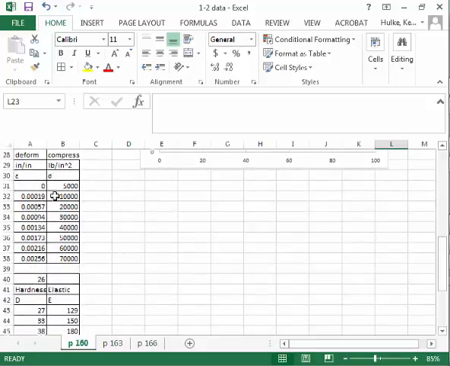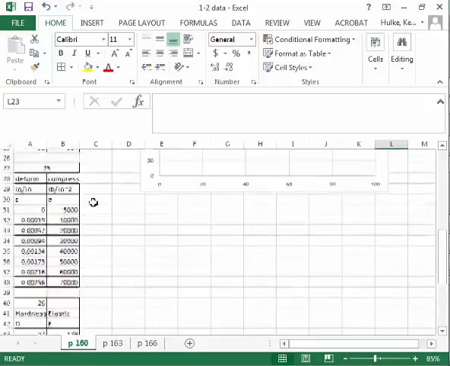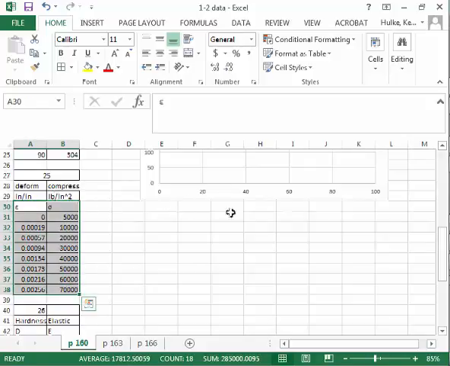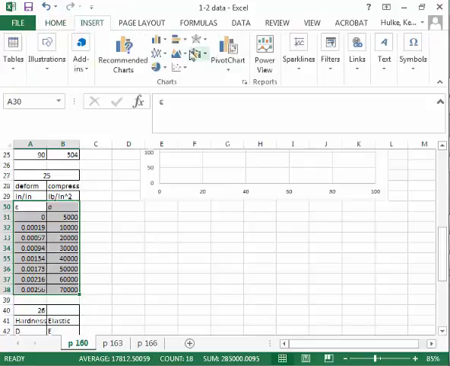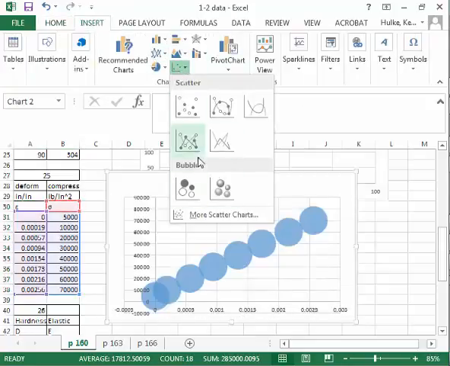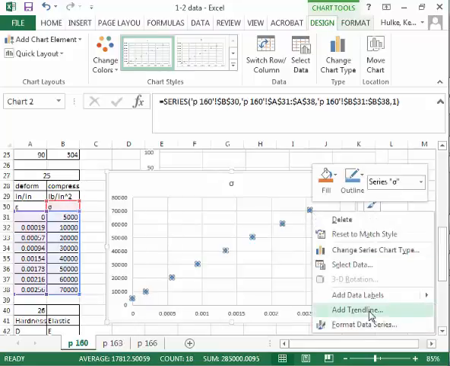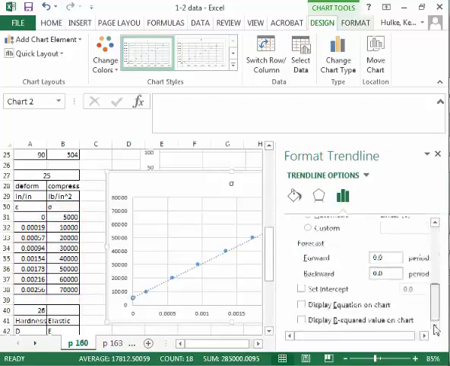And what it is, it's a steel wire in tension, and we're going to see how much deformation there is in inches for the amount of compressive force there is on it. So I'm going to start at the epsilon and go to the sigma, do those two letters, and then I'm going to insert another scatter plot, and you're going to see that once again it appears to be linear, and I'm going to add that linear trend line and the equation.